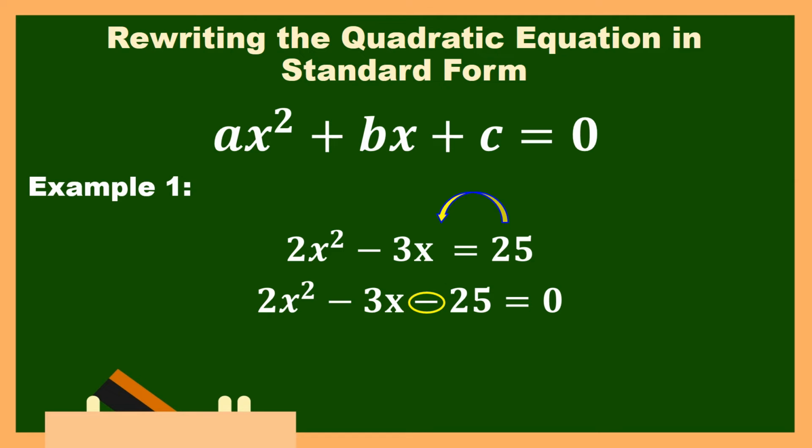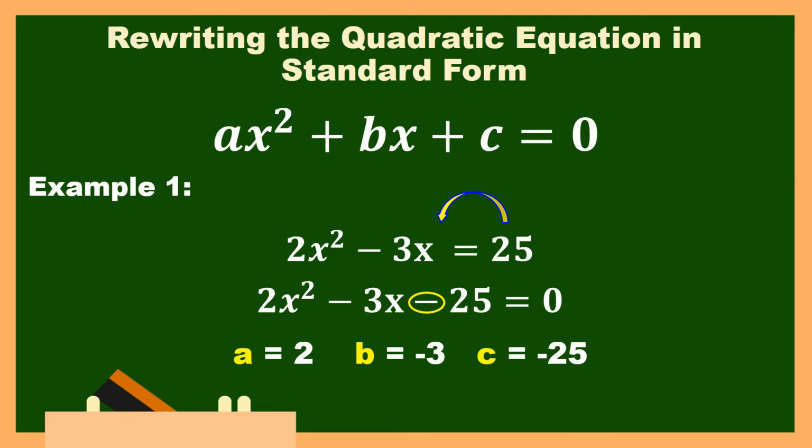Kung dati po ay siya ay positive, kapag siya ay nilipat sa kabilang side, ang kanyang sign ay magiging negative. So, yun po ang nangyari kay 25. So, the quadratic equation na 2x squared minus 3x minus 25 equals 0 ay naka-standard form na po siya.